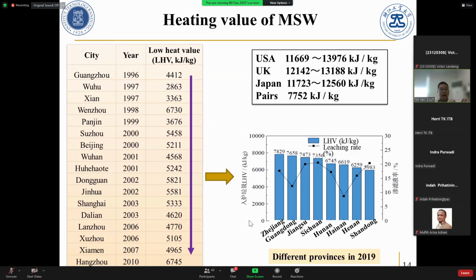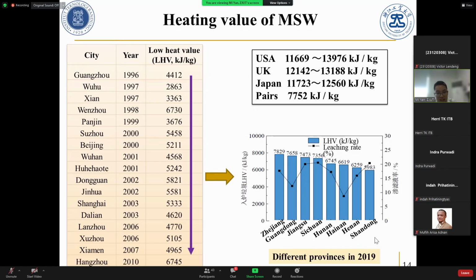We also can compare the heat value between different cities in China and different countries. In Hangzhou, roughly it is 6,745 kJ/kg, which roughly means 1,500 kcal. But you can compare to USA, UK, much higher than China, right?